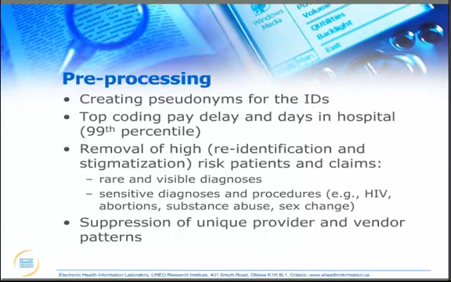Another important thing that was done was a truncation of claims. And the reason for that, again, is that this has a heavy tail distribution. Some patients had an unusually large number of claims per year. There are not many of those individuals, but they do stand out just because of the unusually high number of claims that they've made during that period.